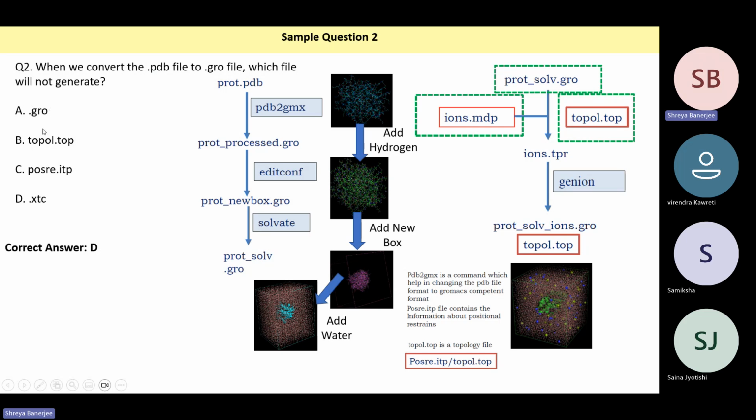Topol is the topology file, which contains information about the atomic connections. POSRE.ITP contains information about positional restraints, that is, which atoms are restrained. So all these three are there while you are going from PDB to the GROMACS input file. But .xtc is generated after the simulation. So the answer is D, which is not generated in the first step.